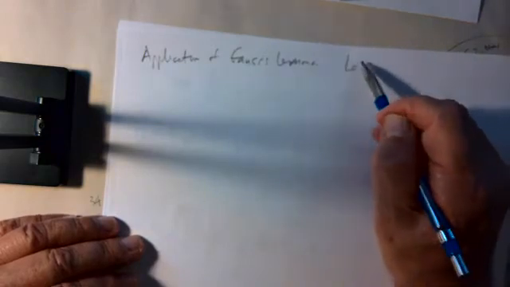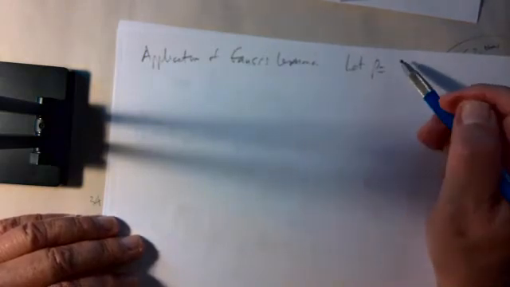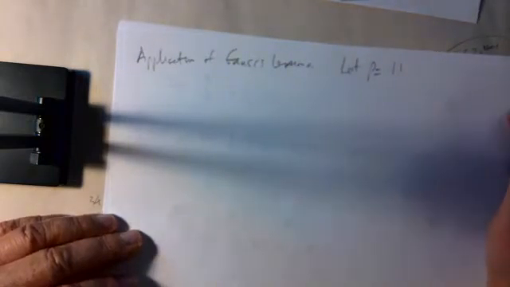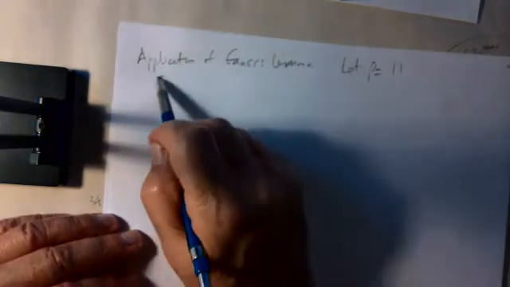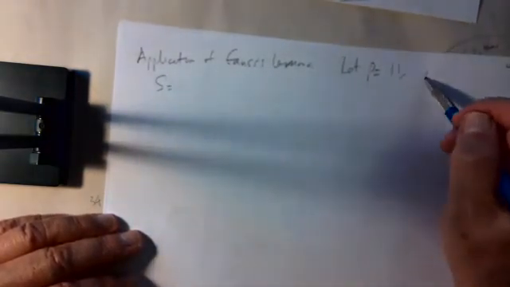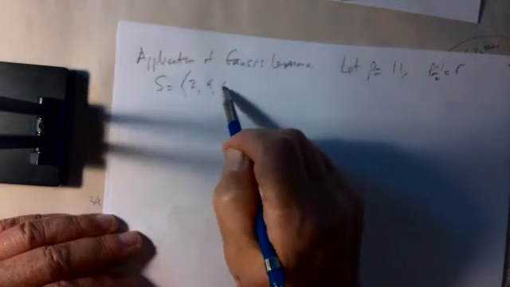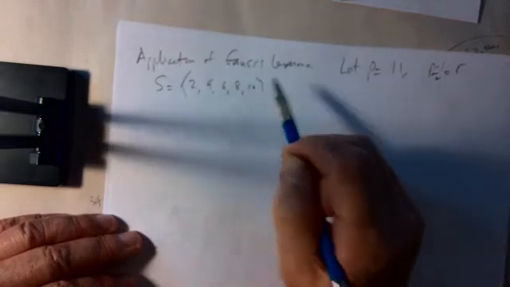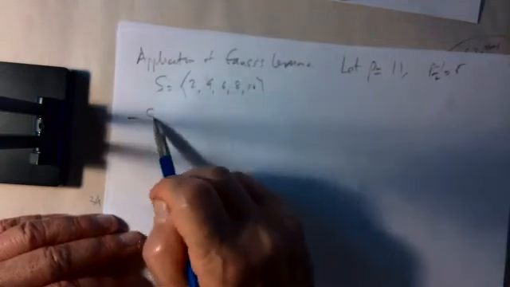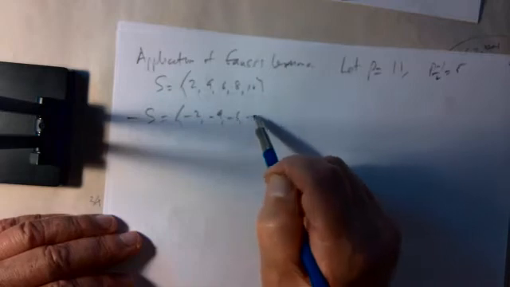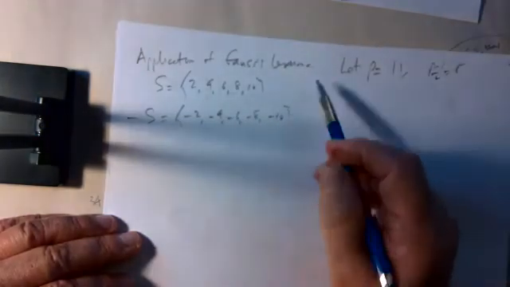Suppose I take P to be the prime 11, and so P minus 1 over 2 is 5. Suppose I take S to be the set 2, 4, 6, 8, 10. Then minus S is the set -2, -4, -6, -8, -10.